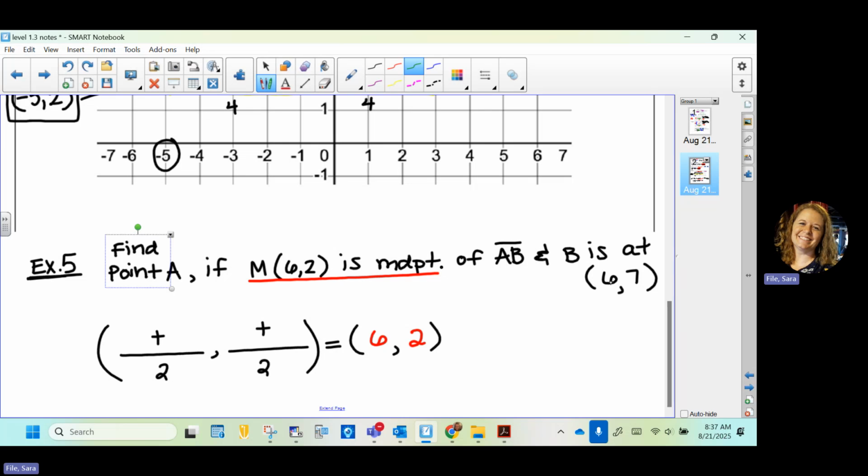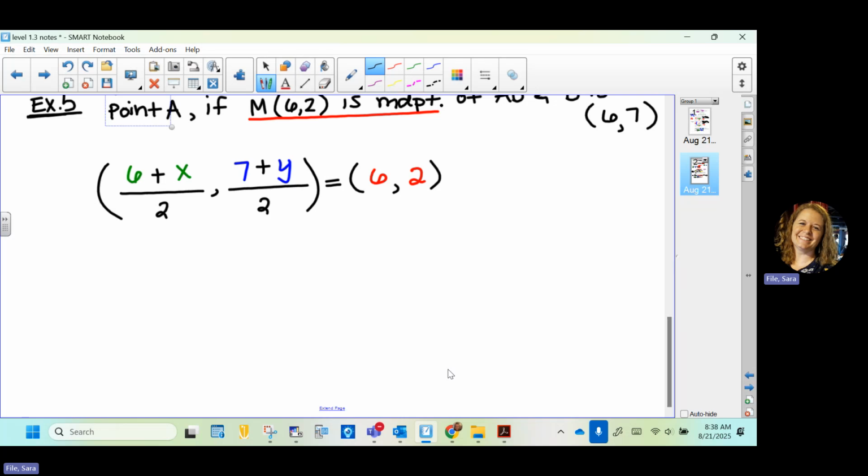Okay, and then I know the x of one of these and the y of one of these. So what's missing is this x and this y. Okay, so I could work the equation backward. Now I would separate it out. I'd say, okay, let me focus on my x's first.